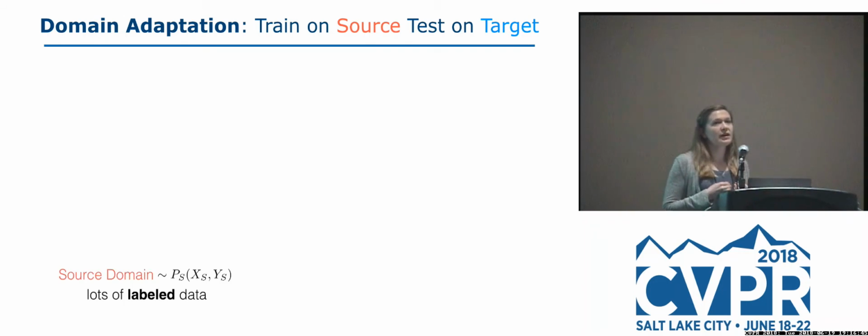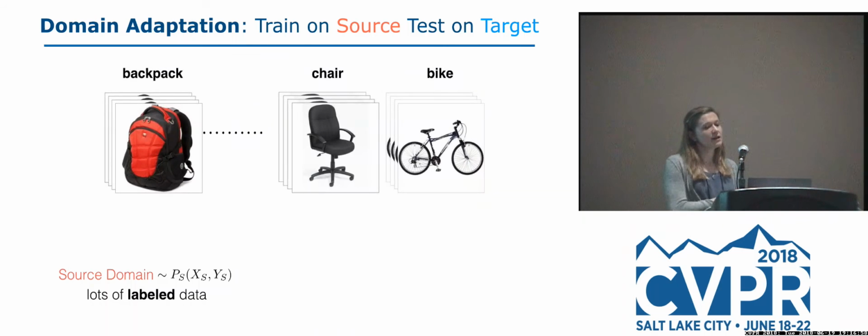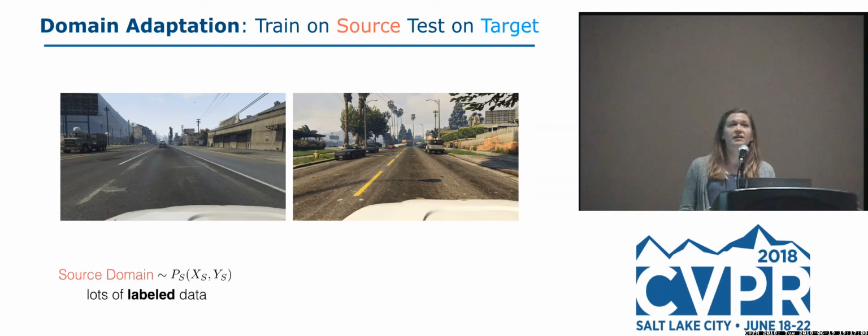In domain adaptation, you have access to a large labeled data set that we'll call the source data set. This might be the ImageNet data set, or it might be a collection of images taken from a product warehouse where the labels are easy to acquire, or it might be simulated imagery where the labels are implicit.